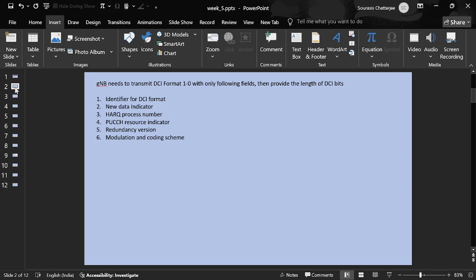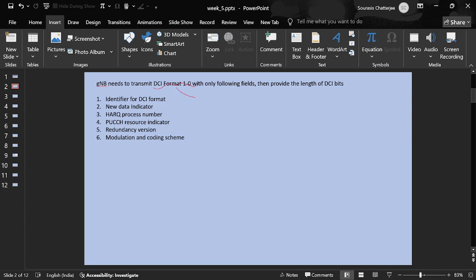So let us try to answer this question here. First of all, here it's mentioned DCI format 10. So there must be a DCI format 00. So what does that denote? It's mentioned DCI format 10 here.